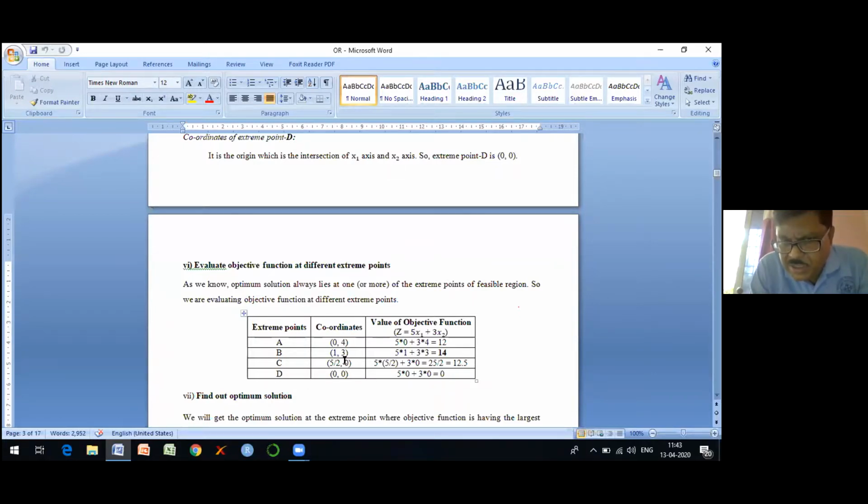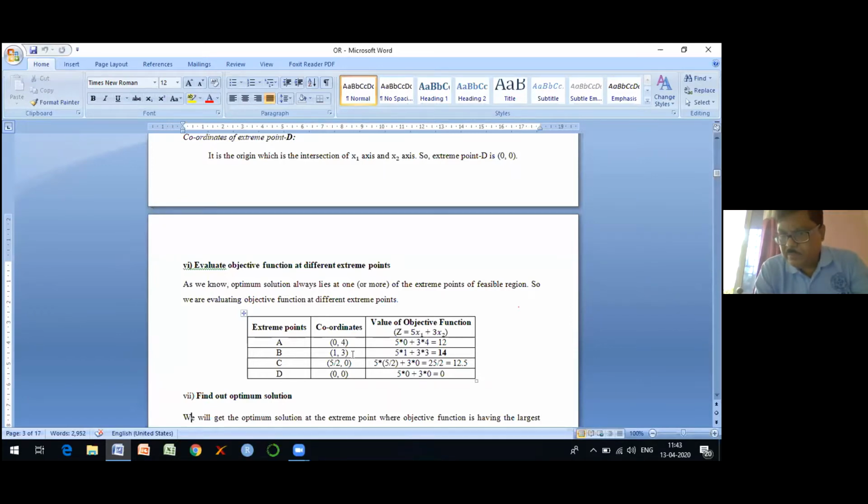So again I am repeating this. This is our solution. From this table we will get the ultimate solution after considering the coordinates of all the corner points, and then we'll get the value of z, and where the value of z is the maximum, those coordinates will be taken into consideration.